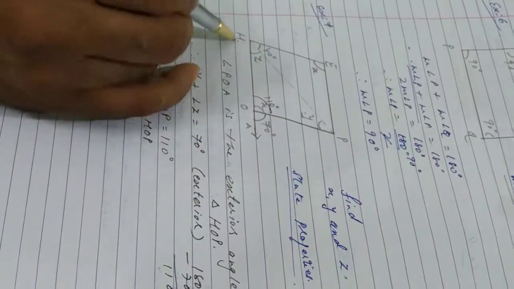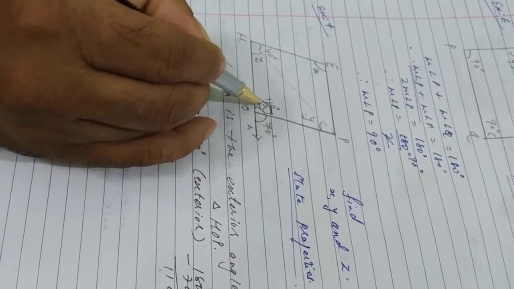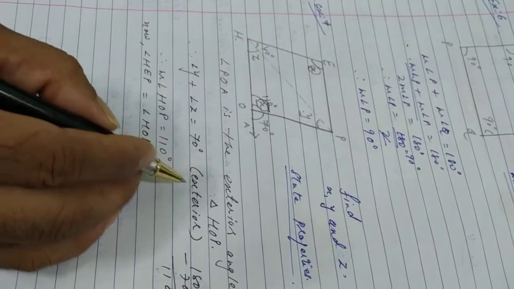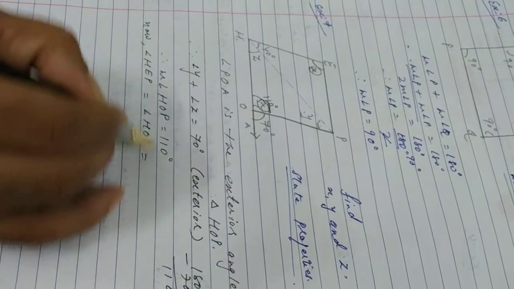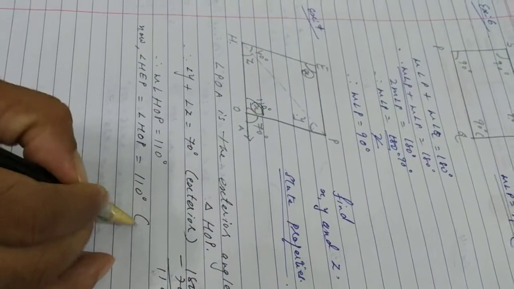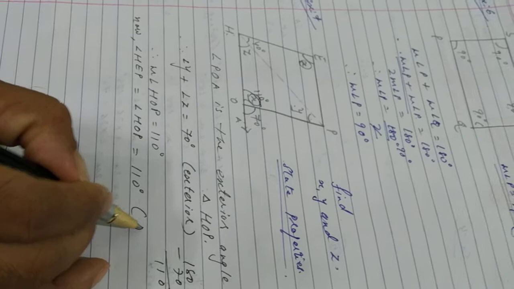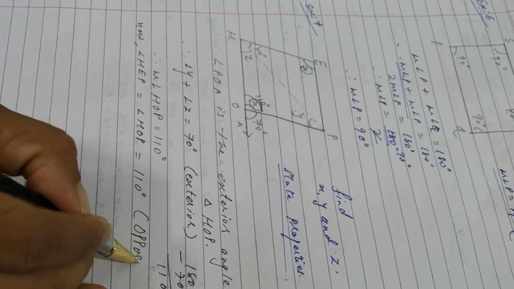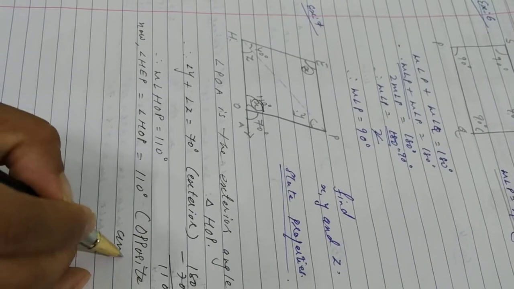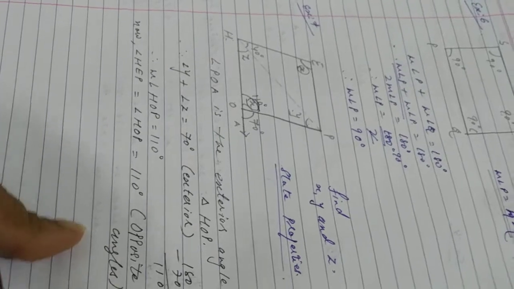HEP is equal to HOP, both are opposite angles, equal to 110 degree. Opposite angles. Got it?